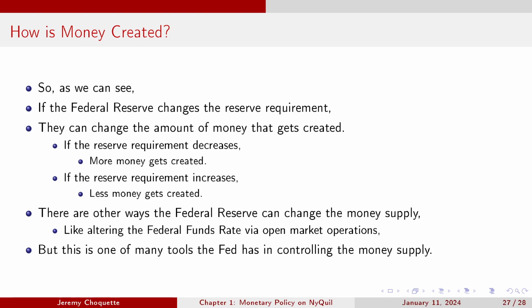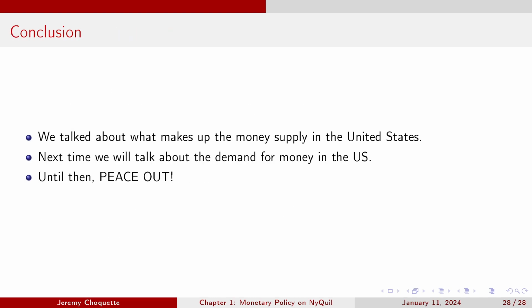That's a brief intro into how the Federal Reserve uses open market operations to affect the money supply, interest rates, inflation, and hopefully, by affecting all of those in favorable ways, output and unemployment. But that's really enough of that for now.